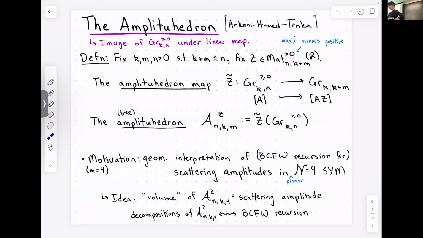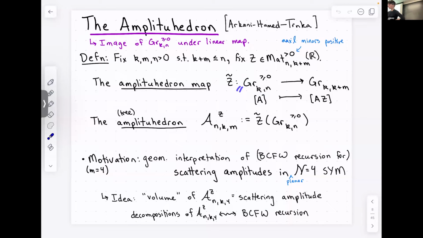So I said the goal was for certain decompositions of the amplituhedron to correspond somehow to the BCFW recursion. And so what kinds of decompositions do I want? Well, just from a mathematical perspective, the amplituhedron is the image of the TNN Grassmannian under some map.